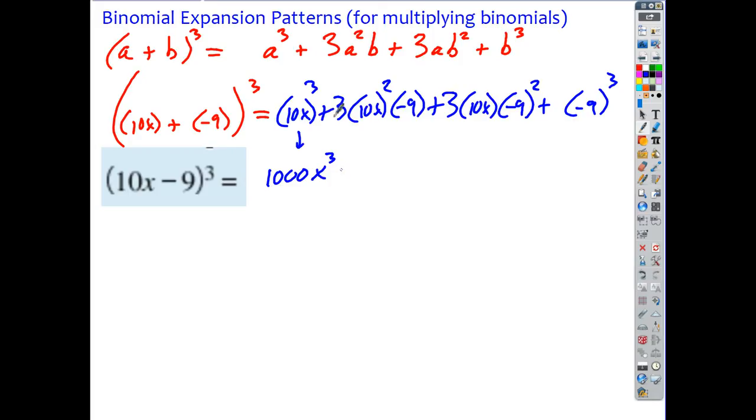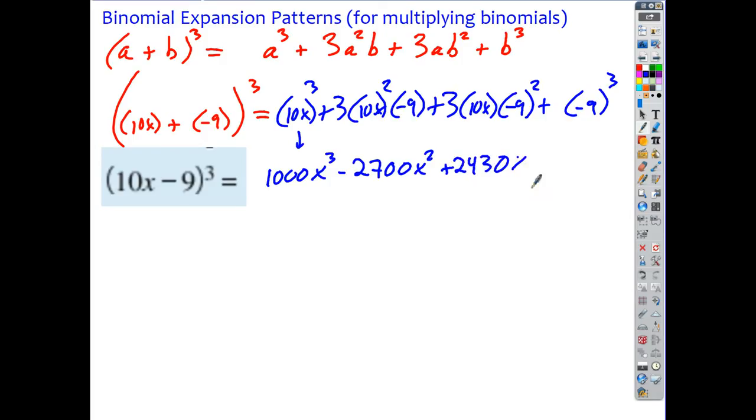Let's see here, I've got 3 times negative 9 is negative 27, right? 10 squared is 100, so negative 27 times 100 is negative 2700, and then I've got an x squared, right? Because I'm squaring the x. Let's see, here I've got negative 9 squared is what? 81 times 3, that's 243, times 10.